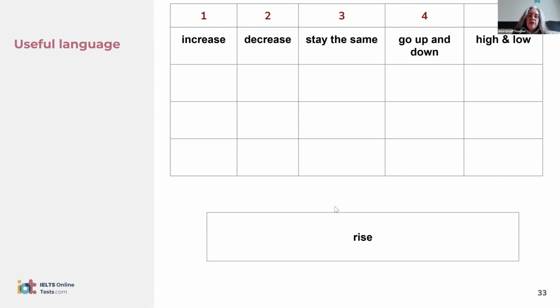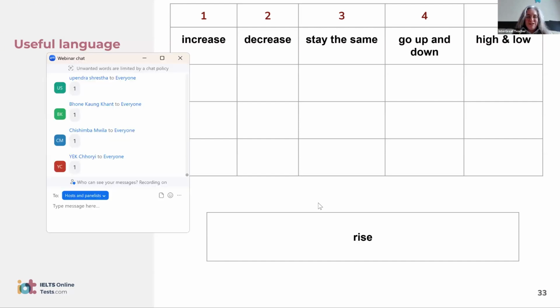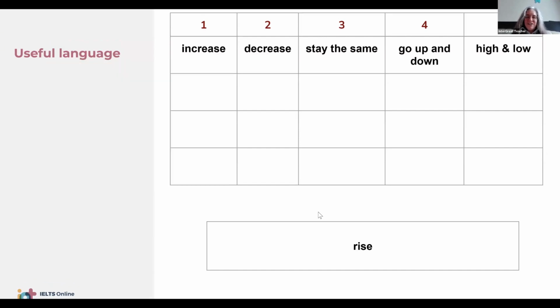Each of the columns is numbered: number 1 for an increase, number 2 for a decrease, number 3 for stay the same, 4 for going up and down, and 5 for highs and lows. So which part of this table should rise go into? You can put your responses into the chat box, and I know loads of people have been doing it already. And I can see lots and lots of number ones. Okay, great. So well done.